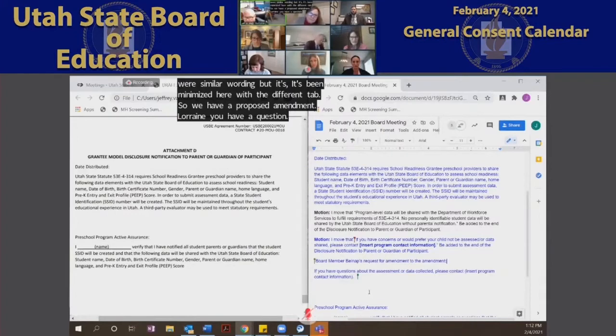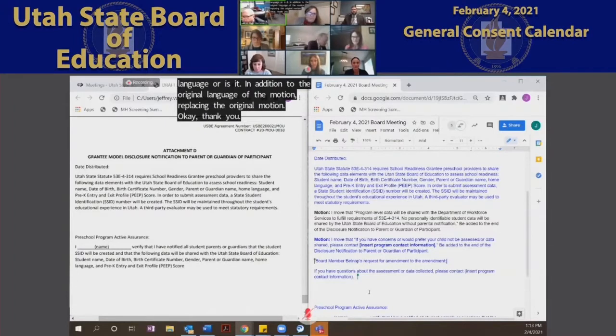The proposed amendment to the original motion states that this would be added to the form: If you have any questions about the assessment or data collected, please contact, then insert program contact information. That's a proposed amendment to the motion.